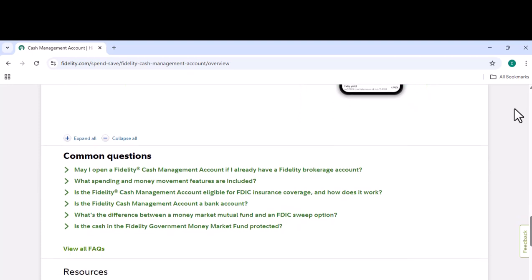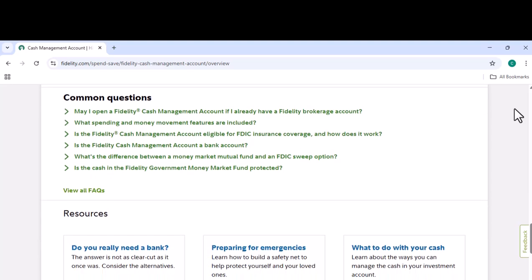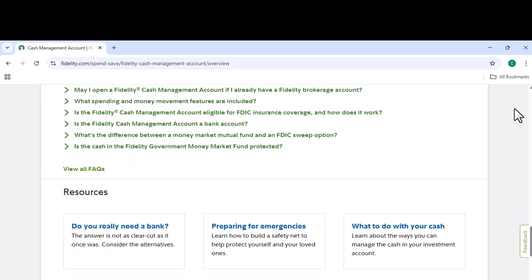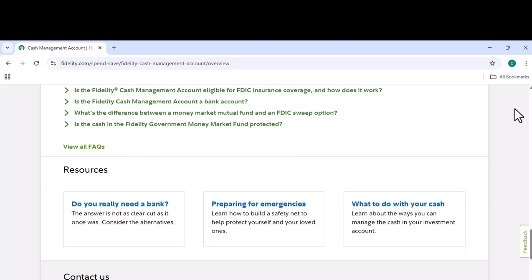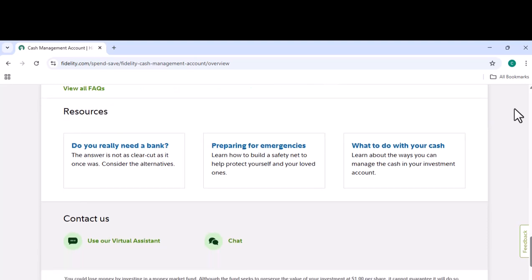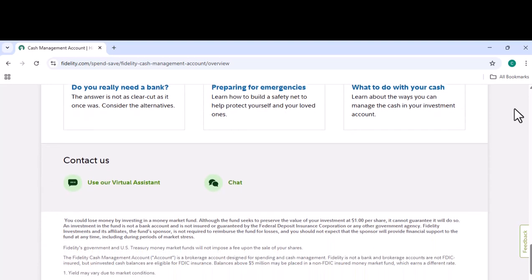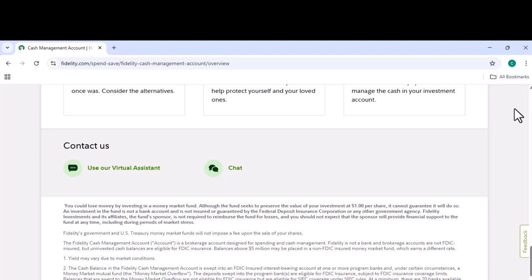So, to circle back to our initial question, how often is interest paid on Fidelity investment funds? The answer, as you now see, isn't a simple one. It depends entirely on the type of fund you're invested in. Money market funds typically credit earnings monthly. Bond funds often distribute income monthly or quarterly.